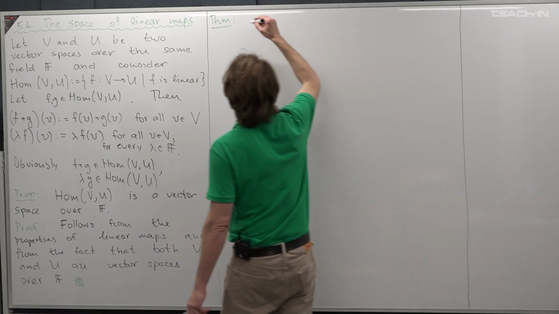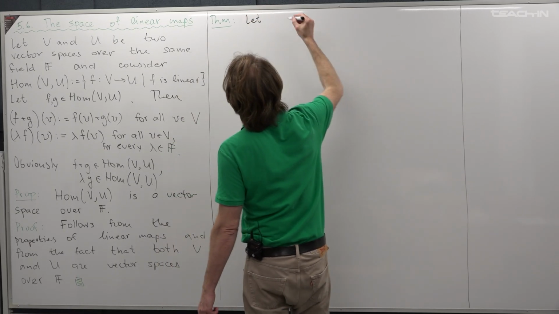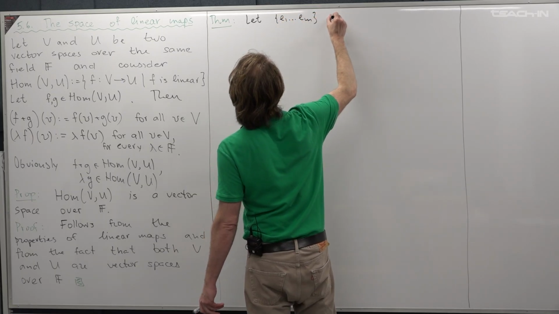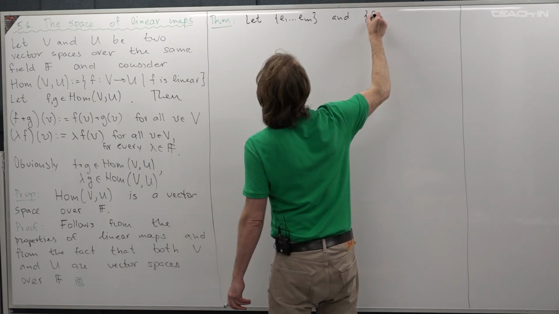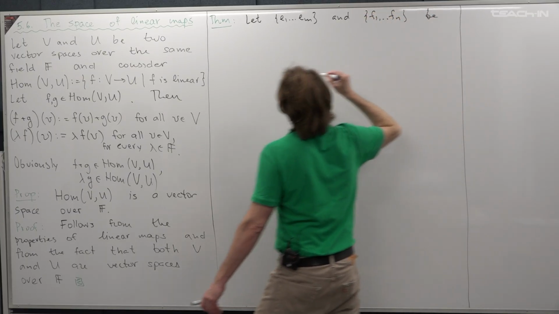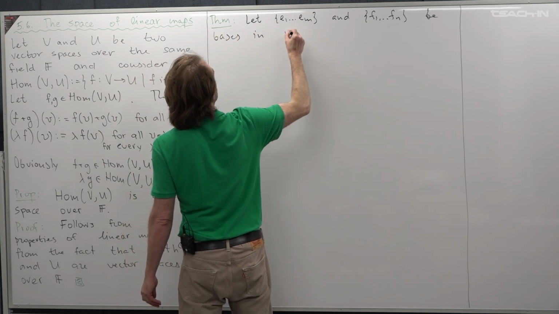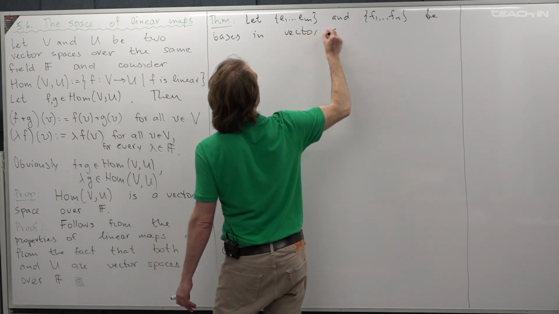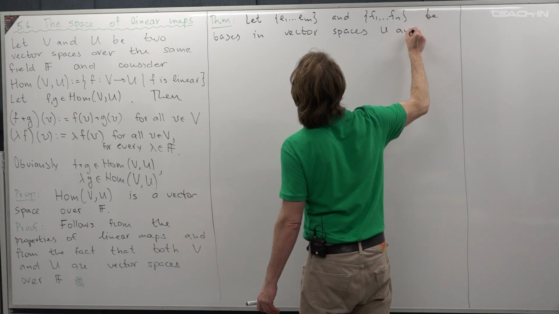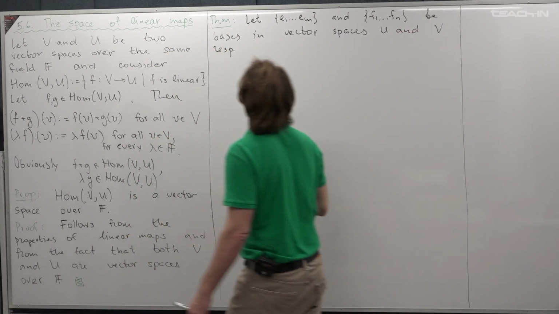So let e1, etc., em, and f1, etc., fn be bases in vector spaces U and V respectively.